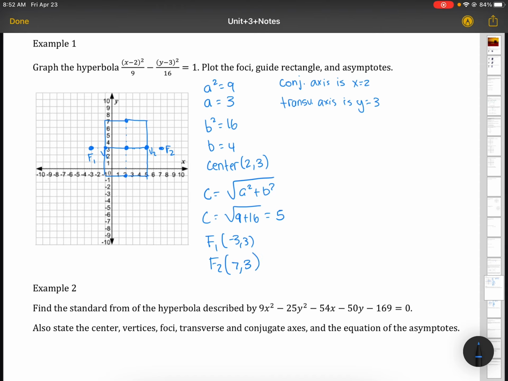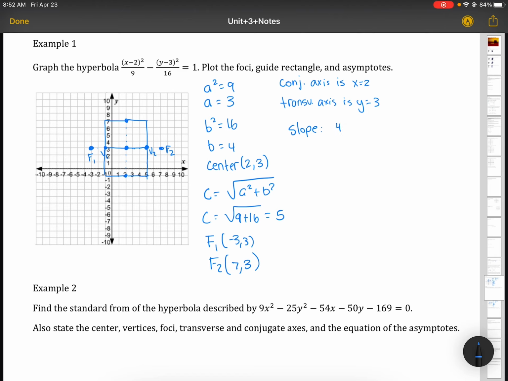All right. So we have our foci plotted, our vertices plotted, and now we need to draw our asymptotes. So for the equation of our asymptotes, the lines have to go through the center. So we know the slope is plus and minus b divided by a. So the slope of one of the asymptotes is b is 4, a is 3.